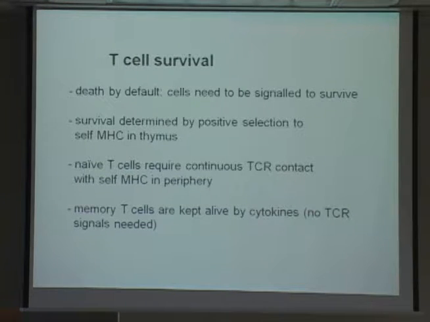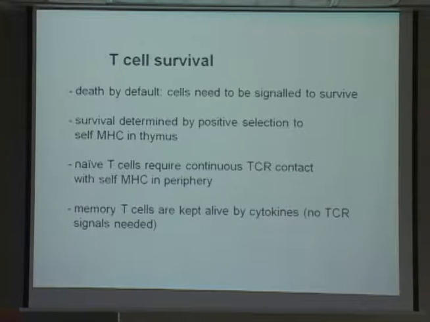Well, we now think that what happens is that when the cells are selected in the thymus, they're selected to have some reactivity to the self-ligands, the ubiquitous self-peptides linked to MHC molecules in the secondary lymphoid organs.